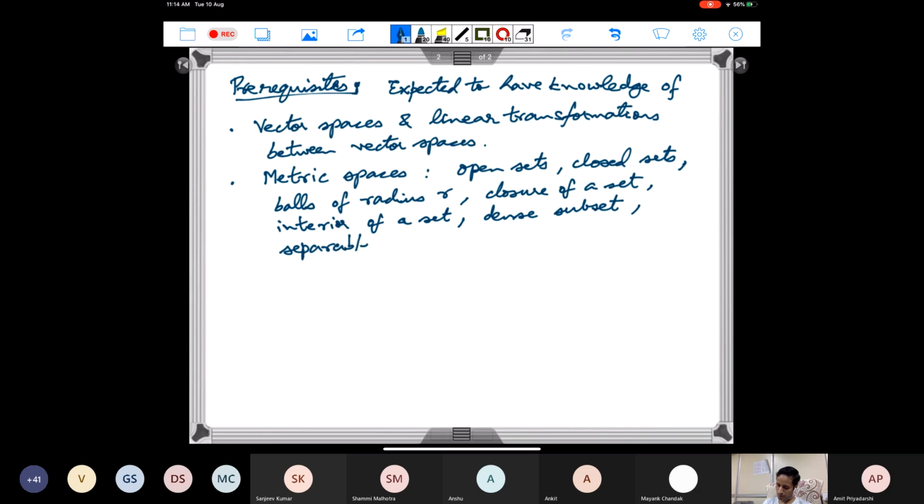Separable metric space, sequences and convergence.